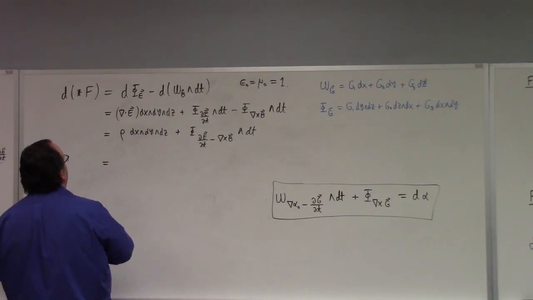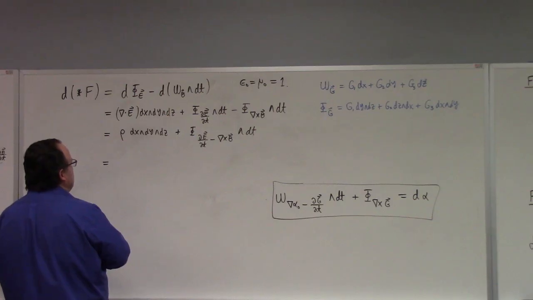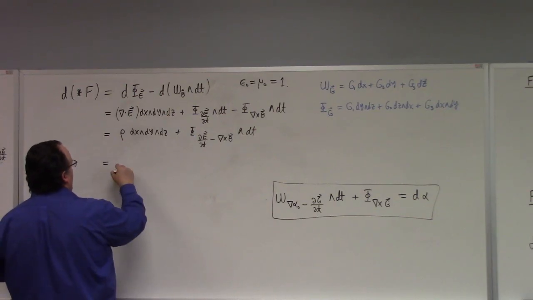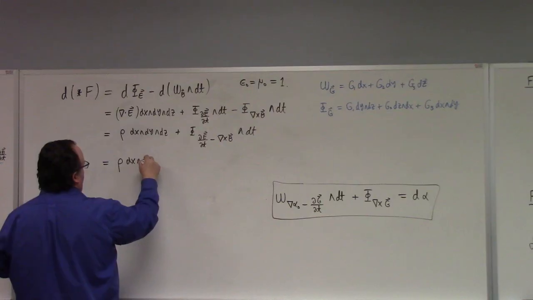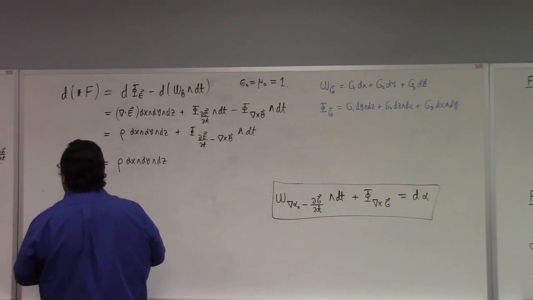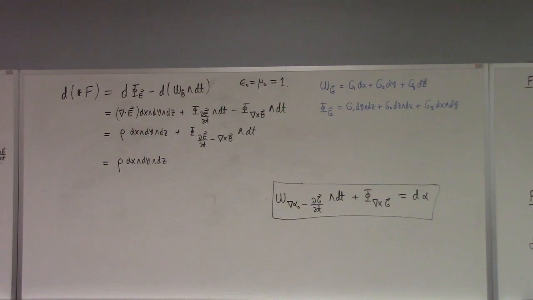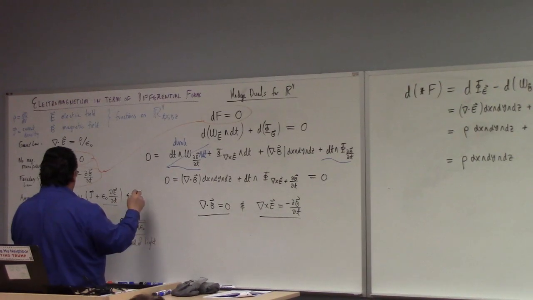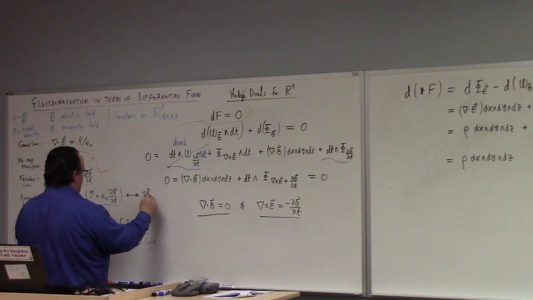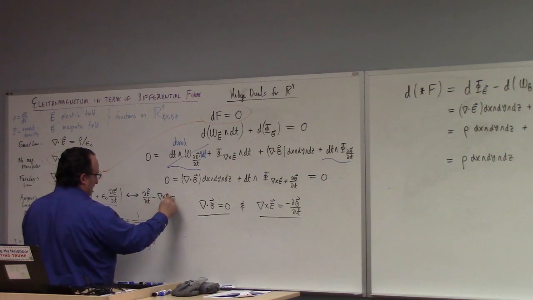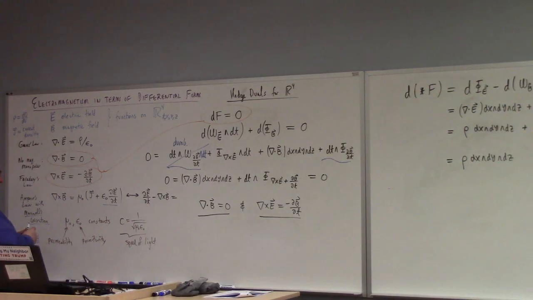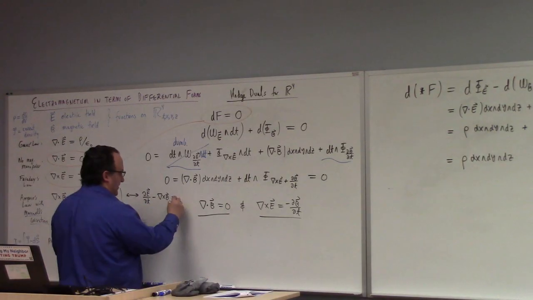So notice this equation, if we put them both to 1, this becomes partial E, partial T, minus the curl of B is equal to what? Minus J, right?